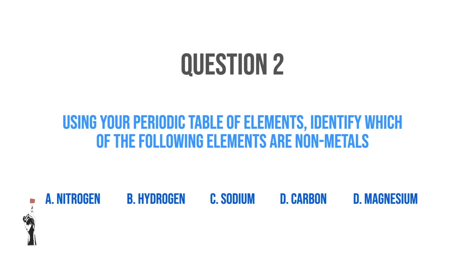For our second question, you will need our periodic table of elements. Are you able to identify from this list which of the elements are nonmetals? In our list, we see that there is nitrogen, hydrogen, sodium, carbon, and magnesium.